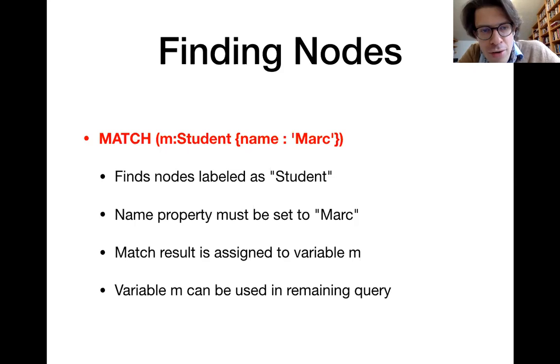So m is what you have here before the colon symbol. And if we use the match command, we ask the system to match this pattern here to the variable m, and then I can use variable m in the remainder of the query.